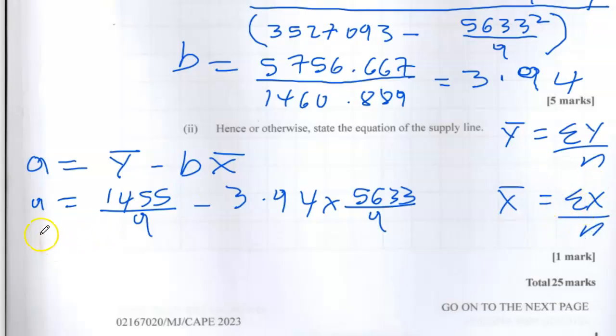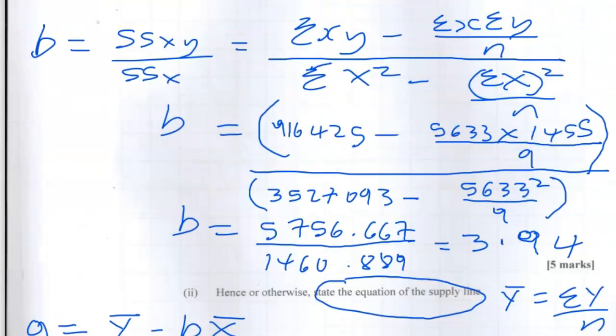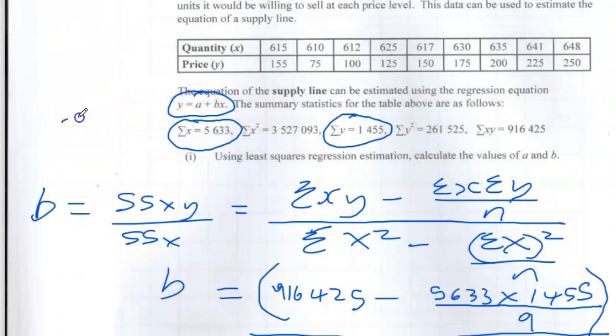Following up with that, I'm getting for a 2,304.3. Depending on the number of decimal places you use in your calculation, you will get some variation, but it's 2,304 point something. Now the equation for the supply line, remember, is y equals a plus bx. So y is equal to the a value.